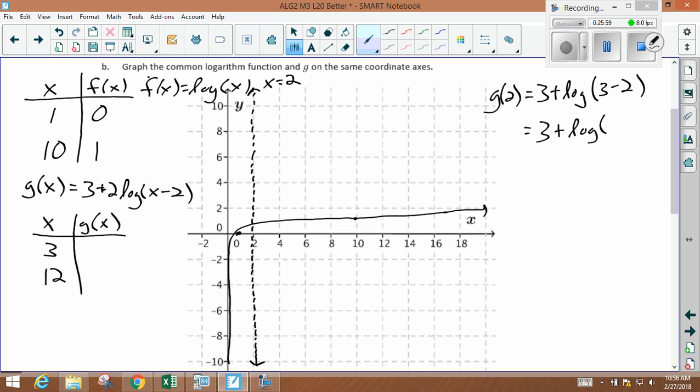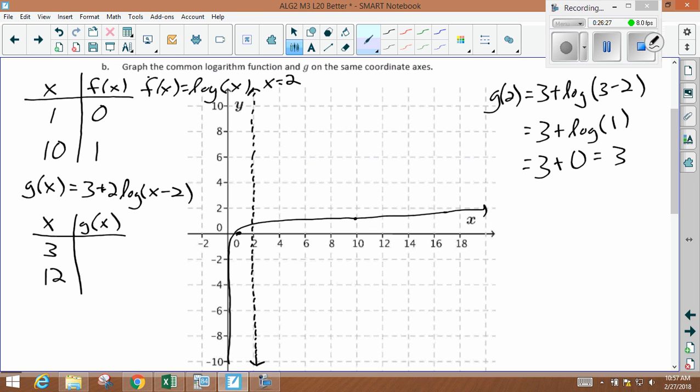So we realized just now that x can't be 2, right? So I'm pretty sure that's the line that our graph is going to approach but never touch. So let's plug in this one. 3 minus 2 is 1. Log base 10 of 1, what power is that? 0.